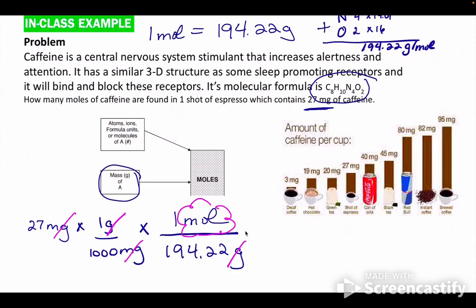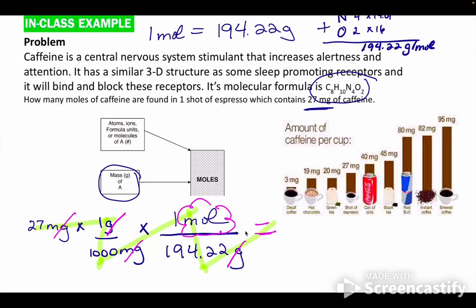On my calculator, you can do this however it makes sense to you. I tend to multiply, divide, and then hit enter, and then I don't need to worry about using parentheses. So you can do yours and I'll do mine and we'll see if we agree.